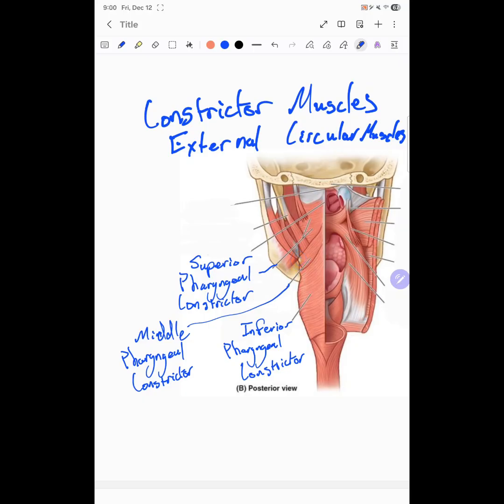And then it's going to insert on the pharyngeal raphe right there. Just to go over the inferior pharyngeal again, it's going to originate on the oblique line of the thyroid cartilage, which will be over there. And it's going to insert on the cricopharyngeal part of the esophagus.